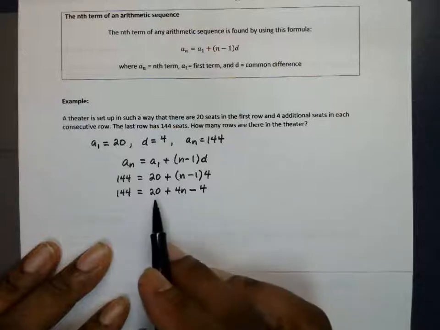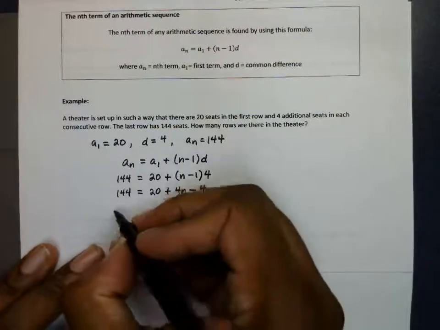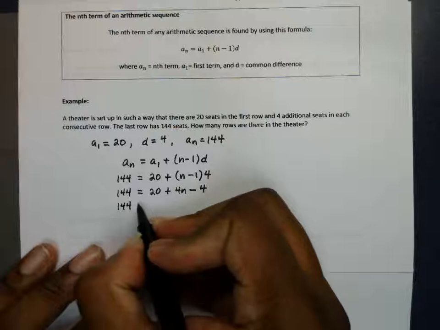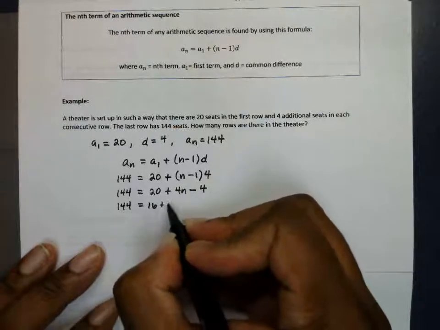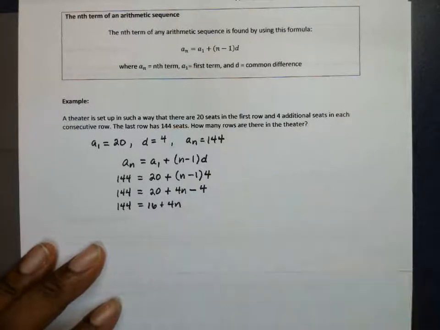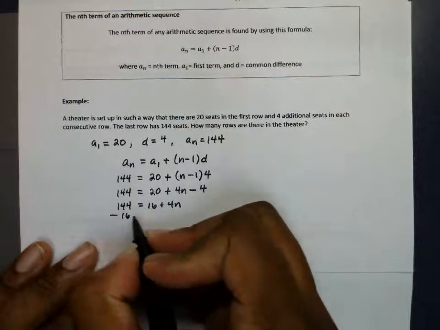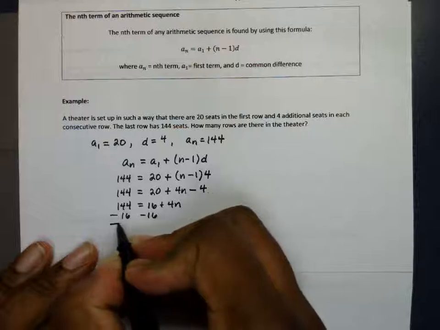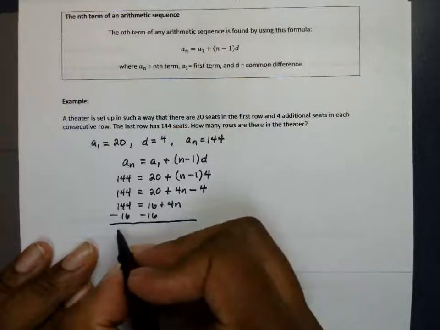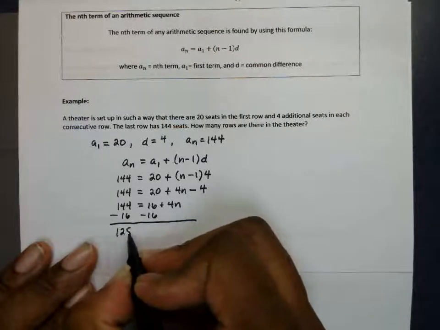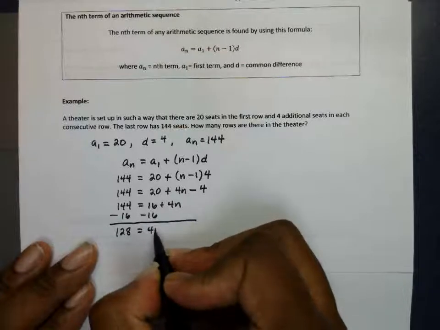Now, if I combine like terms here, 20 minus 4, that will be 16. So I have 144 is equal to 16 plus 4n. And then to get 4n by itself, I need to subtract 16 on both sides of this equation. So that means I'm going to have 128. That will be equal to 4n.